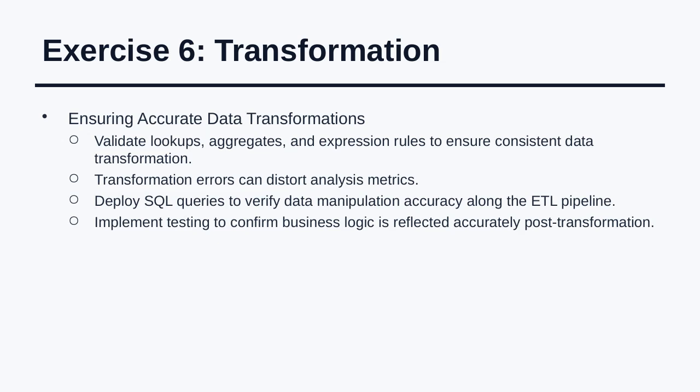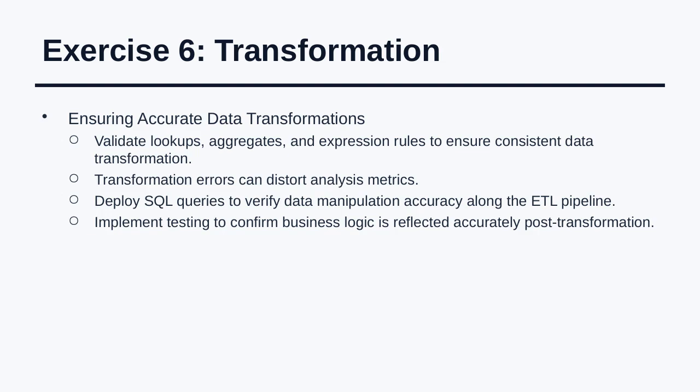When working with data transformations, it's important to make sure that every step, whether it's lookups, aggregations, or applying business rules, is done correctly to keep the data consistent and reliable. If there are errors during transformation, it can lead to inaccurate analysis, which might cause wrong decisions down the line. One way to prevent this is by using SQL queries to check that the data manipulations happening in the ETL pipeline are accurate.